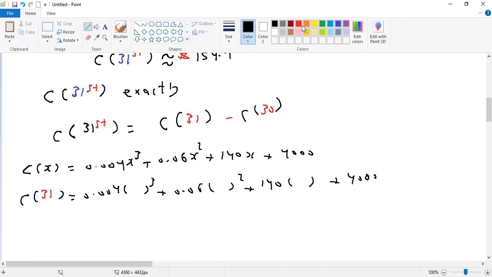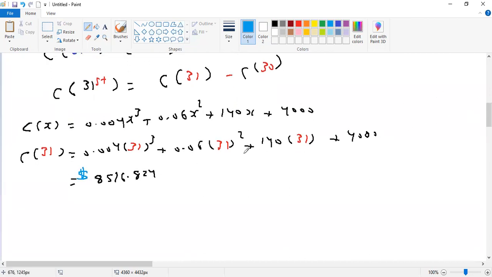Substitute x equal to 31. Using the calculator, the answer is 8,516.824. This is the total cost of producing 31 units.